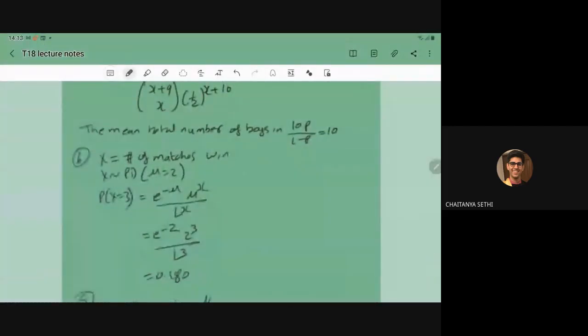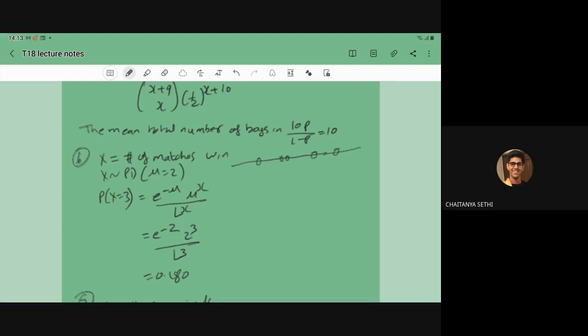The number of matches won in continuous time. Wherever we have discrete events over continuous time, continuous line, continuous space, or continuous volume, then x follows a Poisson distribution.